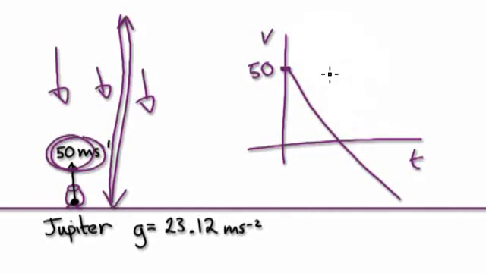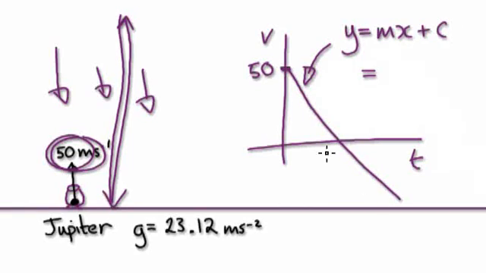Come up with the equation for this line here. Now this line is a straight line, so it's going to be y equals mx plus c. It's a negative gradient, so the acceleration is negative. Now what is the acceleration? Well, the gradient is the acceleration, but because it's downhill, we're going to stick a negative in front of it.